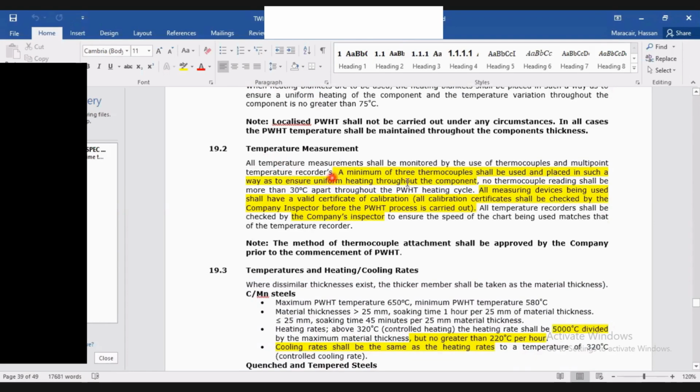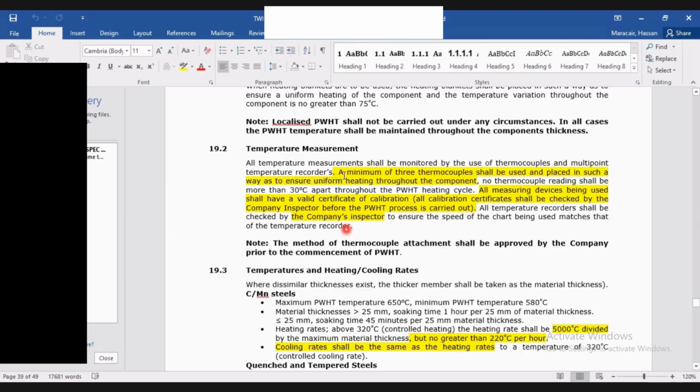A minimum of 3 thermocouples shall be used and placed in such a way to ensure uniform heating throughout the component. No thermocouple reading shall be more than 30 degrees apart throughout the PWHT heating cycle. All measuring devices being used shall have a valid certificate of calibration. All calibration certificates shall be checked by company inspector before the post-weld treatment process is carried out. All temperature recorders shall be checked by company inspector to ensure the speed of chart being used matches with the temperature recorder.